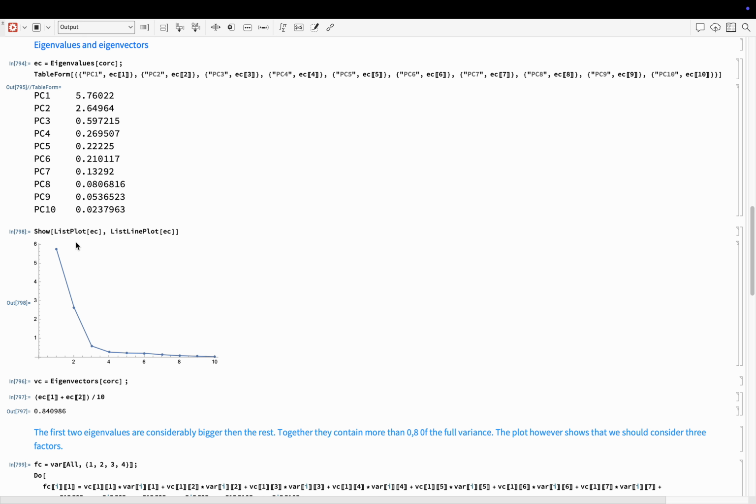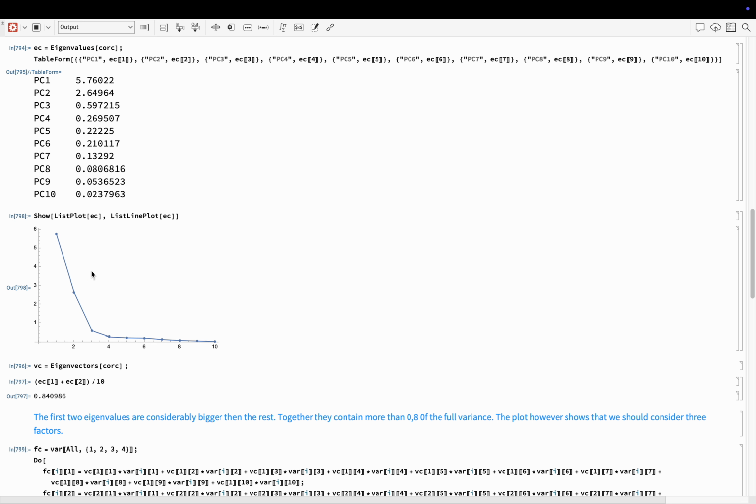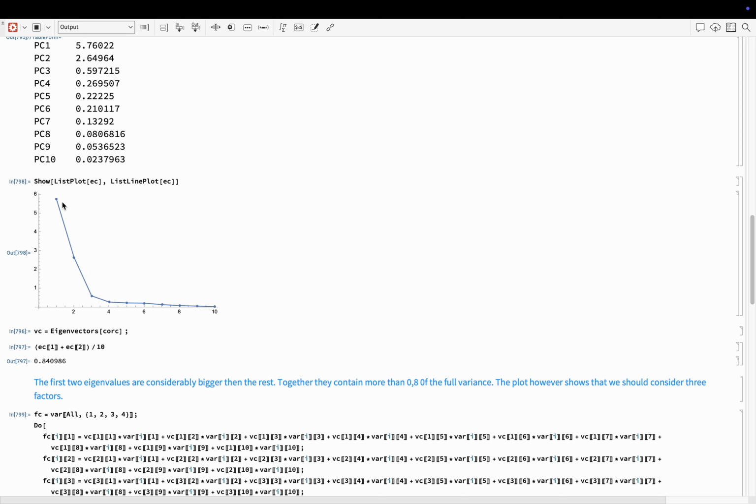We can also see on the plot, using the rule that when the plot changes, we should stop, that we should use the first 3 principal components.